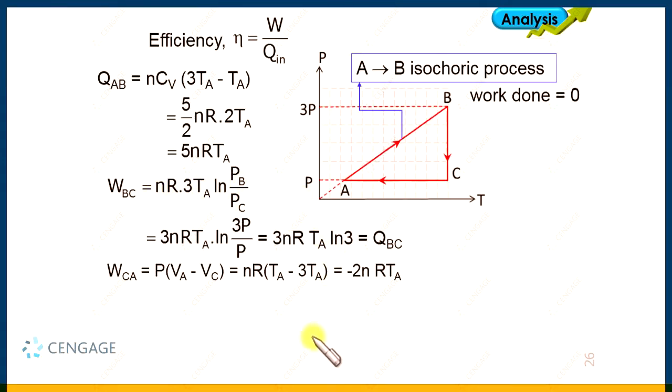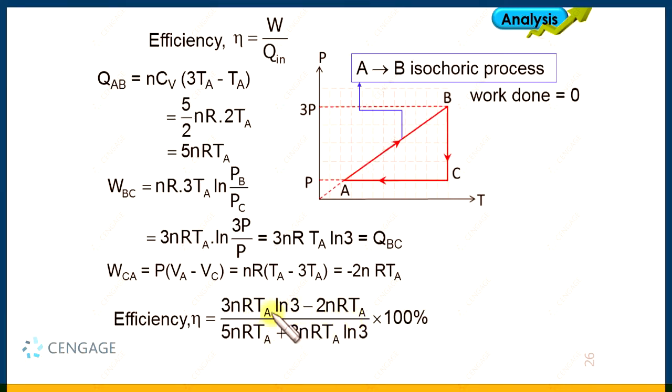So we can write this expression as this one, right, after substituting the values of W and Q in, and after further solving we can find this as 3 natural log 3 minus 2 divided by 5 plus 3 natural log 3, multiplied by 100%. This is the efficiency of the cyclic process.